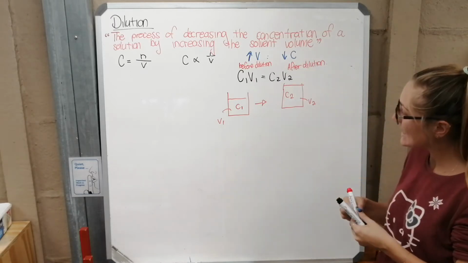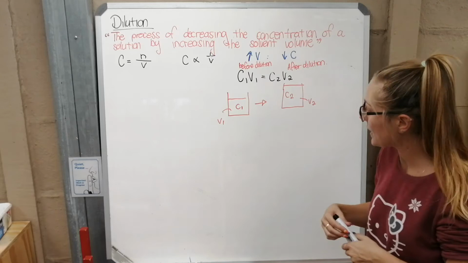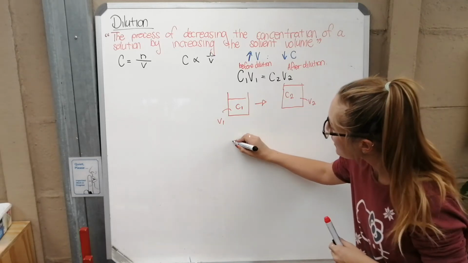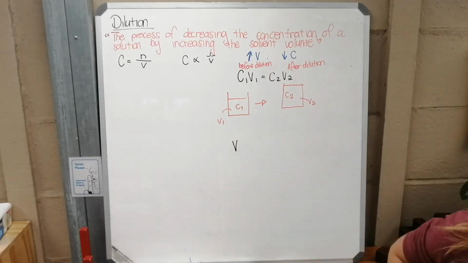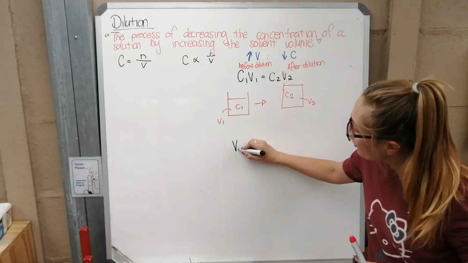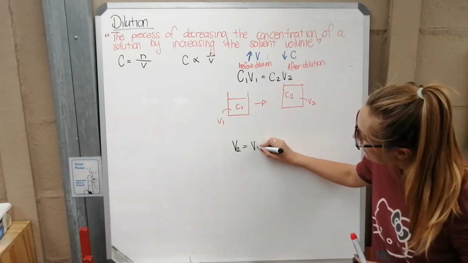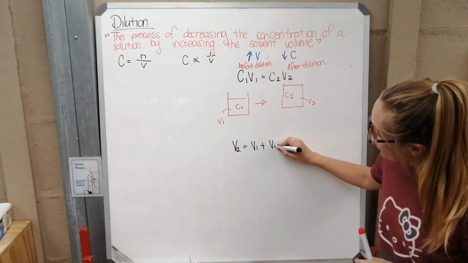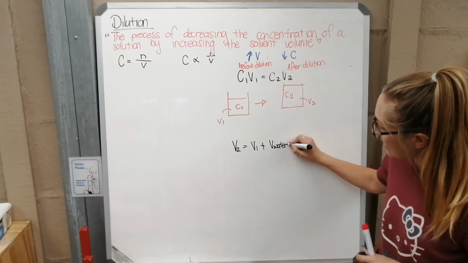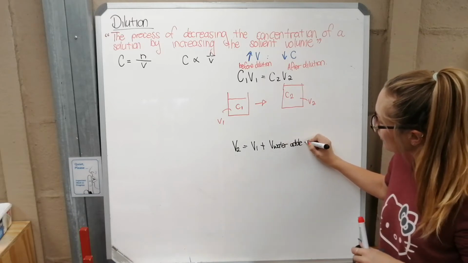Then the second formula that we're going to use is that the final volume, V2, is equal to the initial volume plus the volume of water or solvent added. Which also makes sense, right?